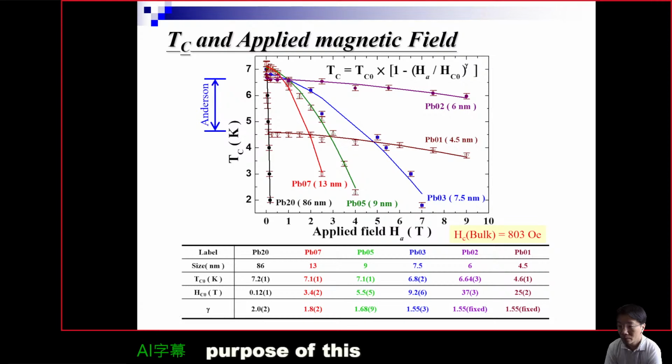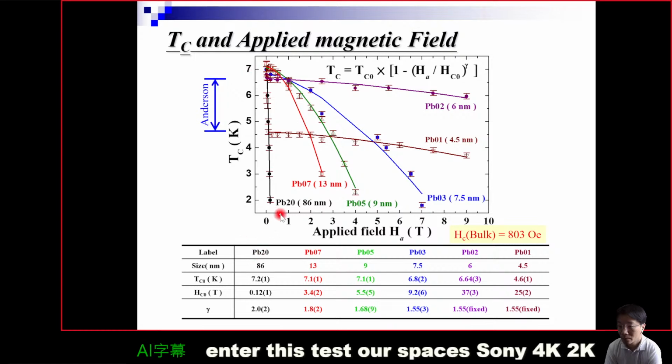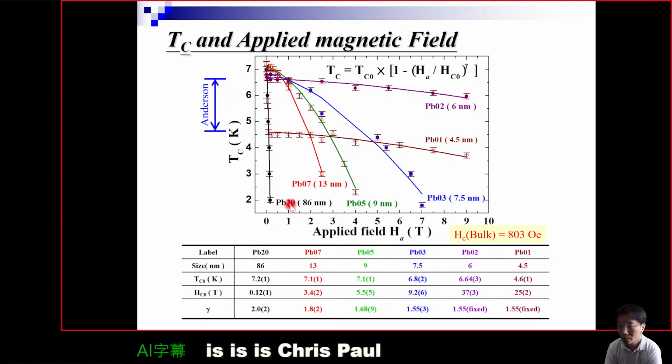So in these studies, we use lead as the test species. Typically for lead, its critical temperature is 7.2 K, and its critical magnetic field is about 800 Oersted or 800 Gauss.